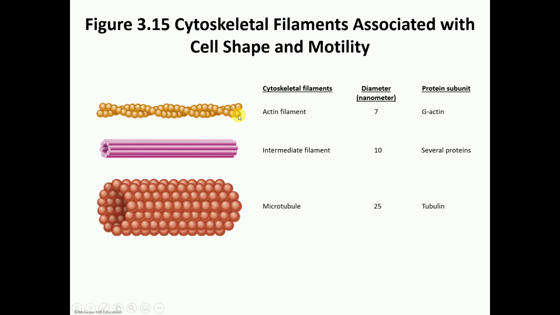The intermediate filaments are made out of different kinds of proteins that we'll learn in a minute. And then microtubules, these are bigger in structure. They are cylindrical and hollow on the inside, okay, made out of a protein subunit known as tubulin. Nice that for microtubule, their building blocks are known as tubulin. So that helps us remember the name.